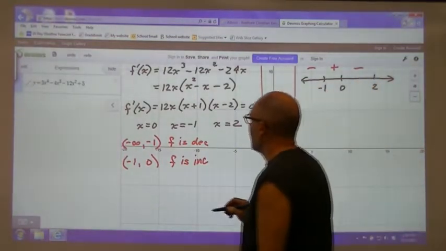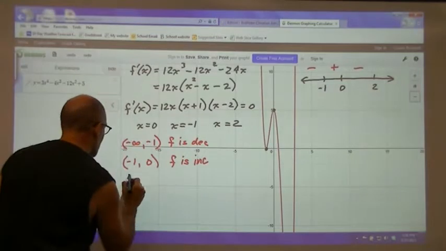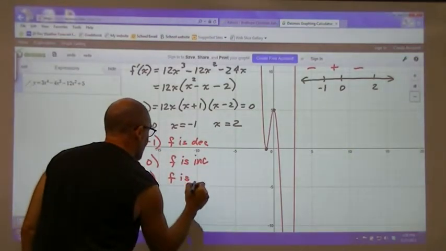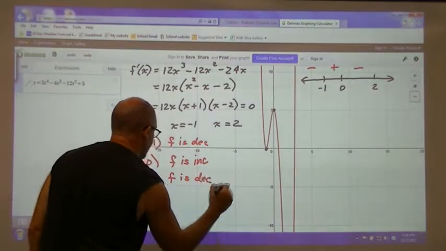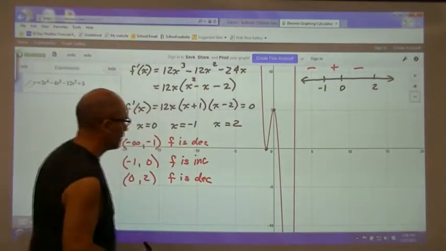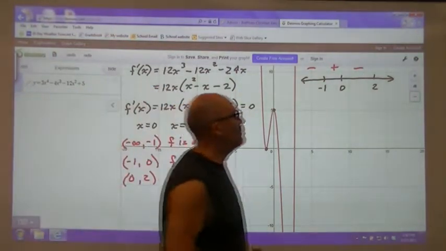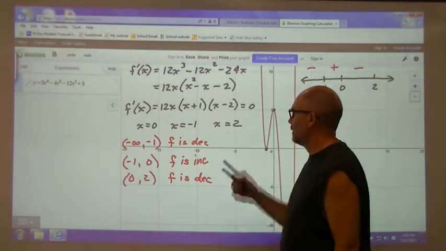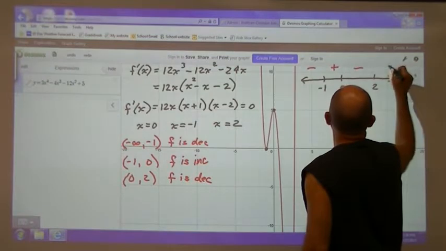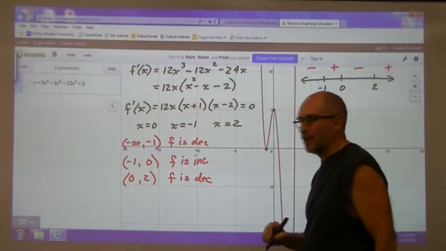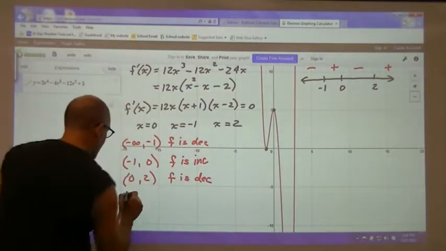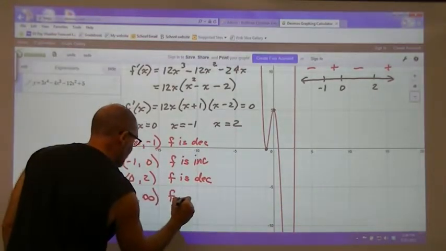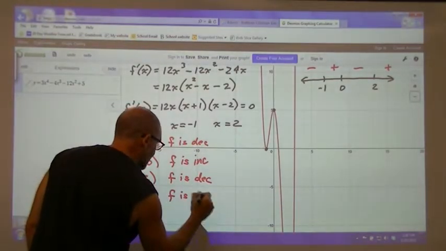So that means from 0 to 2, f is decreasing again because the slope is negative. Then if we put in a number bigger than 2, positive, positive, positive. So this interval is a positive slope, which means from 2 to infinity, f is increasing.